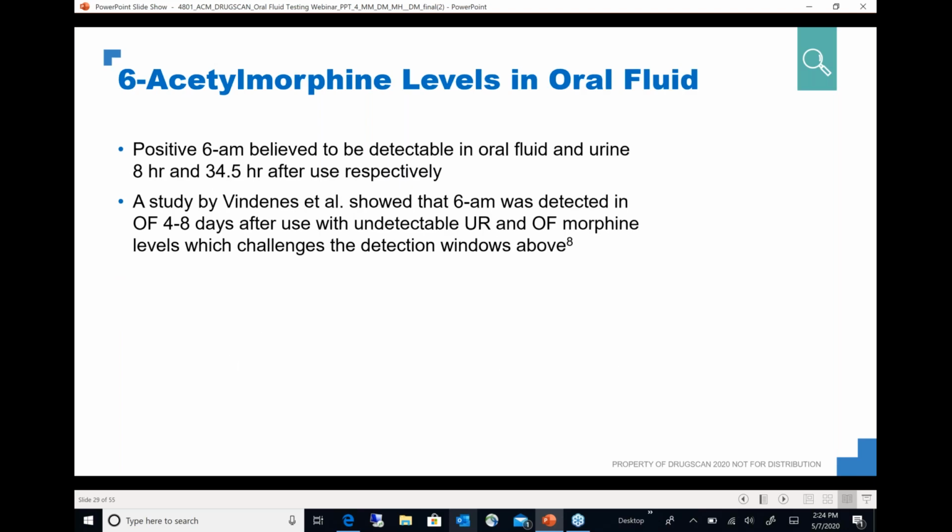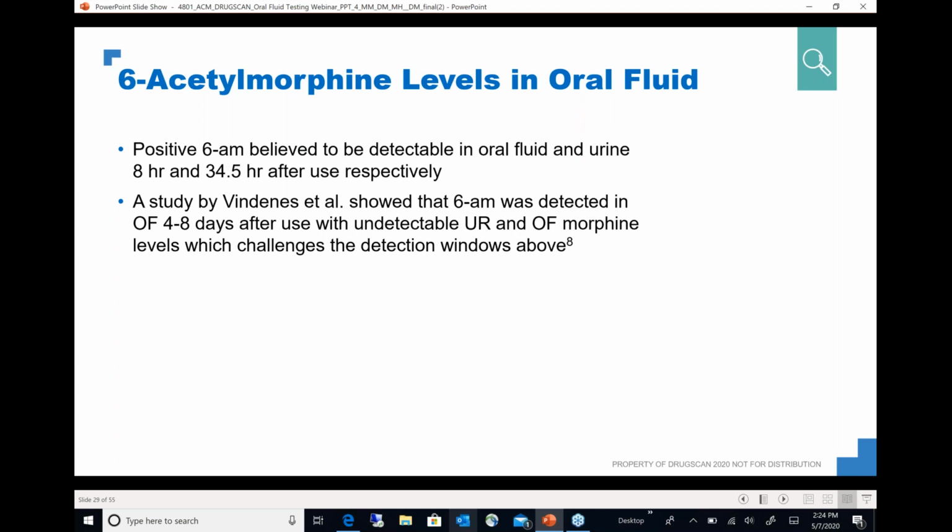6-acetylmorphine in oral fluid. This is that slide I mentioned I wanted to talk about. So we have believed that positive 6-AM may be detected in oral fluid for about 8 hours, and urine approximately 34.5 hours after use.